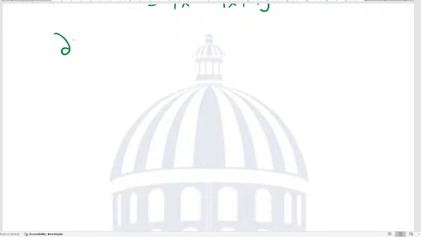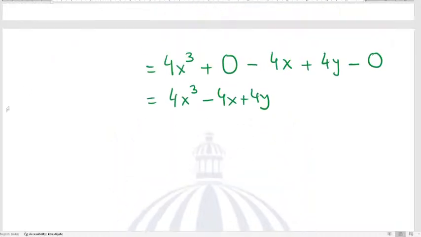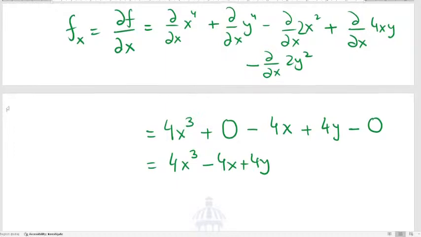Further, we have to find out what fy is. Next, we'll find out what fy is. fy is dou f by dou y.